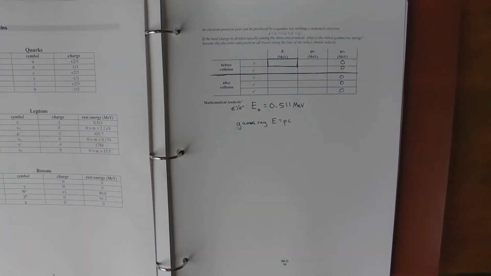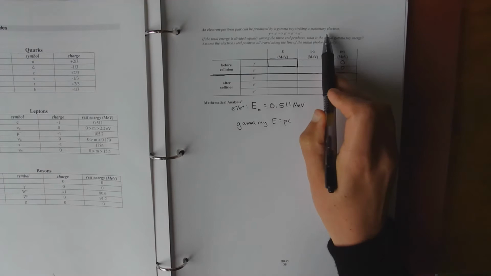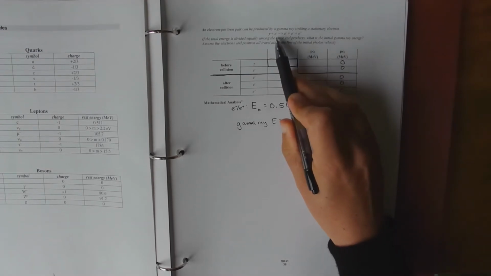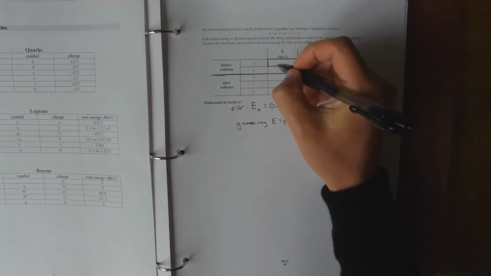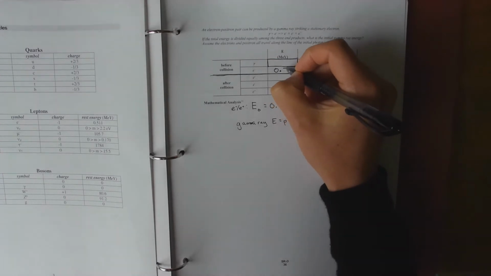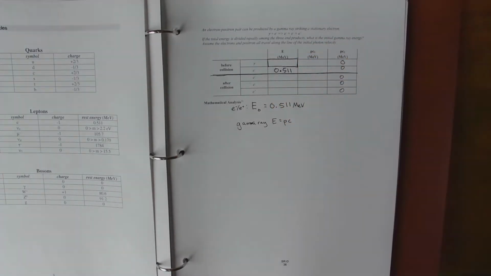Okay, so we know that the total energy is divided equally among the three particles after the collision, but we don't know what the initial energy of the gamma ray is. We do know that initially the electron that we have is at rest, so that energy is just the rest energy.